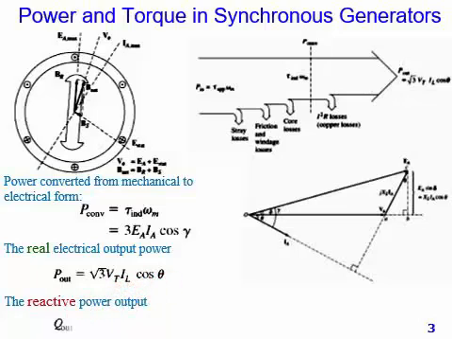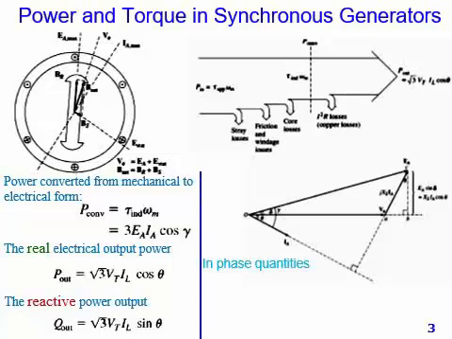Similarly, the reactive power, since we know that reactive power is represented with Q, would be Q out equal to root 3 Vt IL sin theta. These were the line quantities.